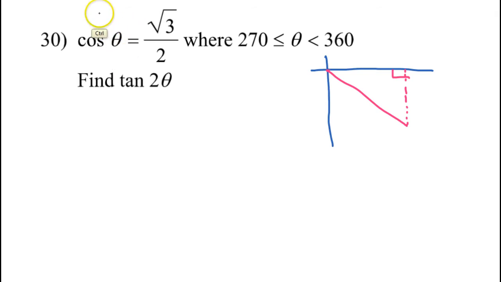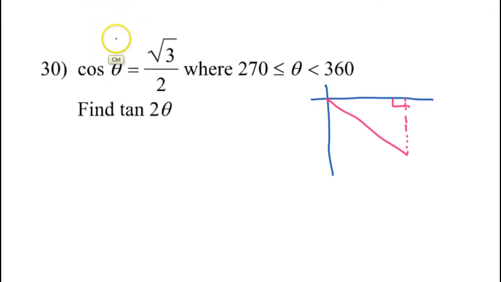The cosine of pi over 6 is radical 3 over 2. So that tells me that the reference angle is pi over 6. So keep that in mind.